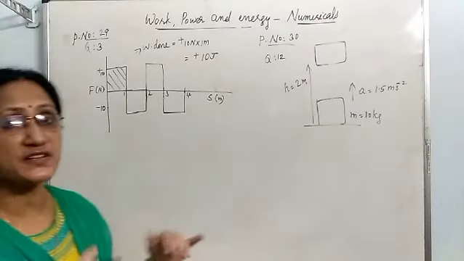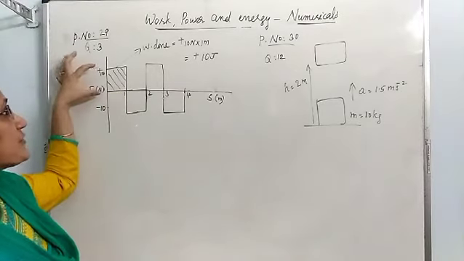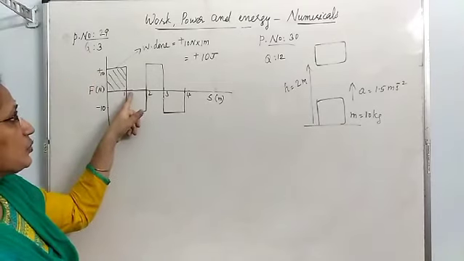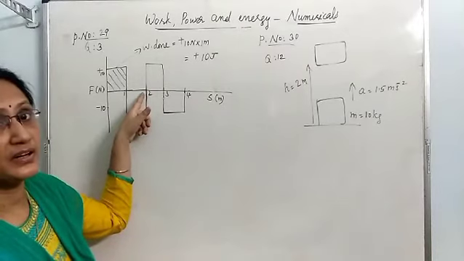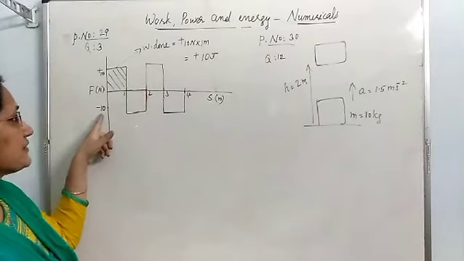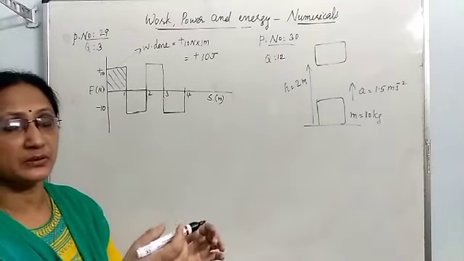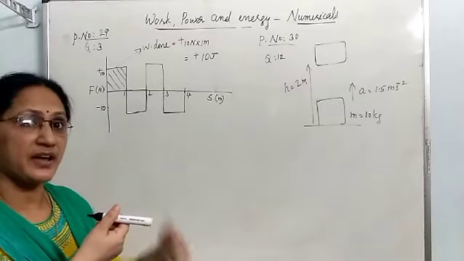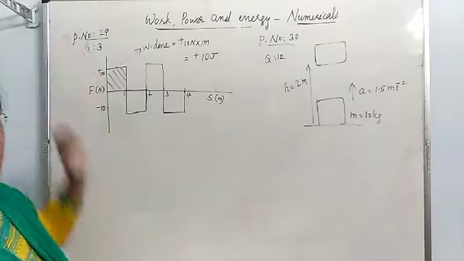Then here the force is changing. First 1 meter distance, the force acting is plus 10 Newton. During the next 1 meter journey, the force acting is minus 10 Newton. Plus 10 Newton means if the force is towards you, in the next 1 meter the force is in the opposite direction. Force direction changes.